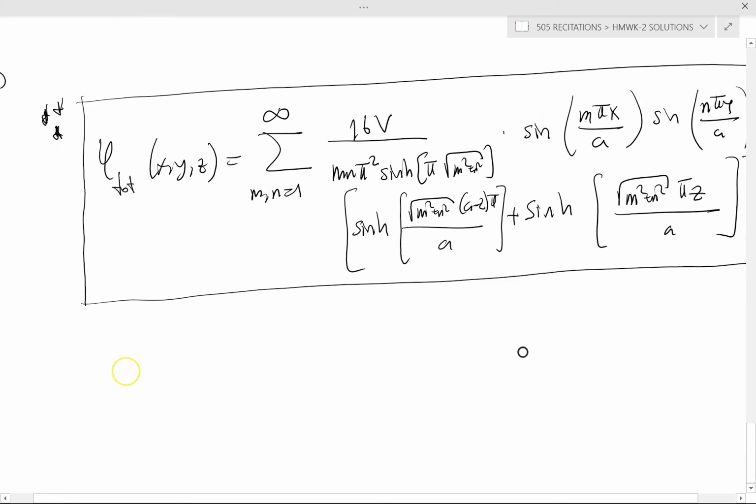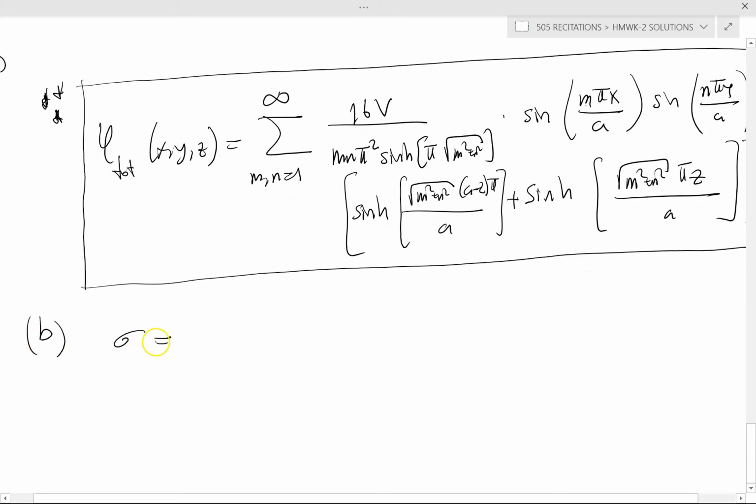We need to also find the charge density, but we do know that the charge density is equal to E0 delta psi total delta n, evaluated at the surface.